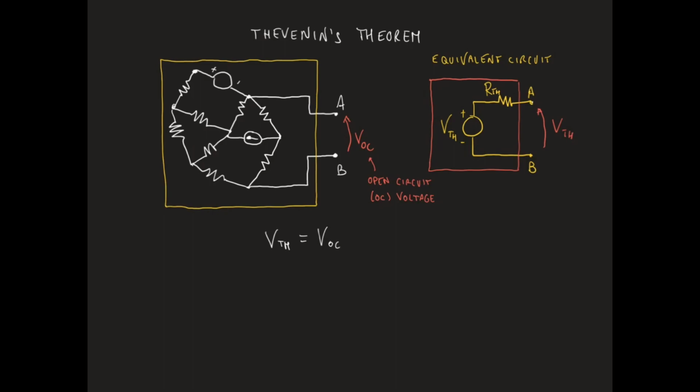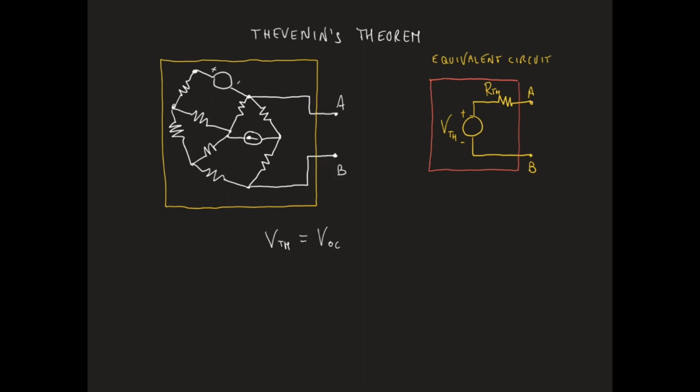VOC can obviously be calculated if the configuration of the network and the values of the components of the network are known. Now, what about RTH, the Thevenin resistance? The concept of equivalence we have discussed before also implies that the short circuit current between nodes A and B is the same for both circuits.